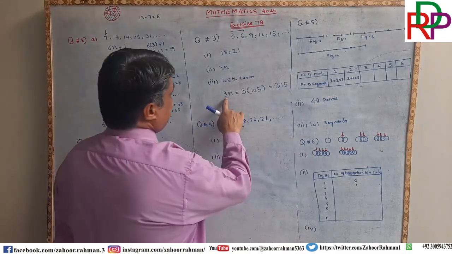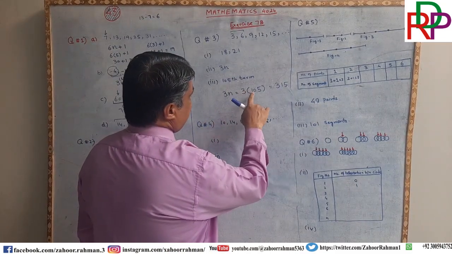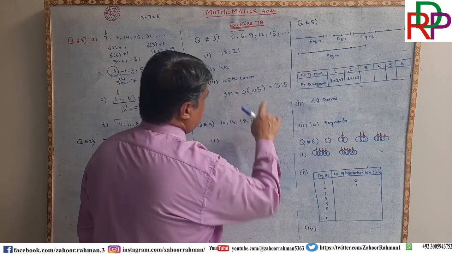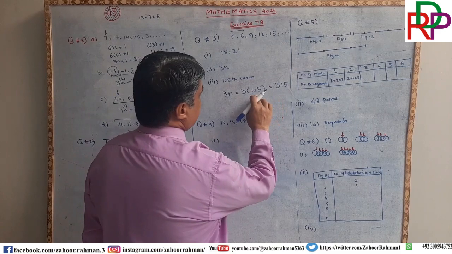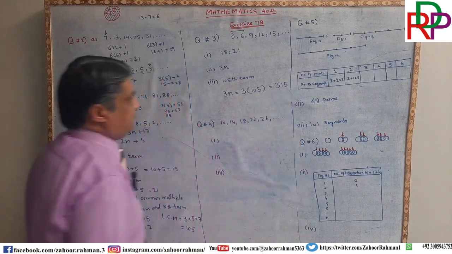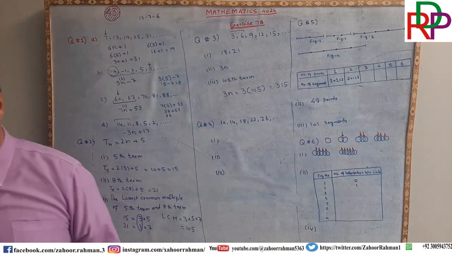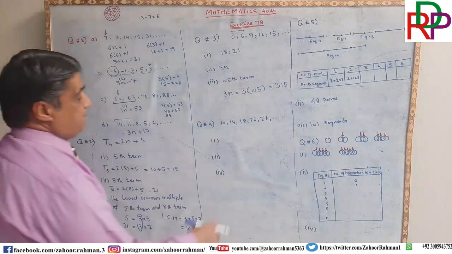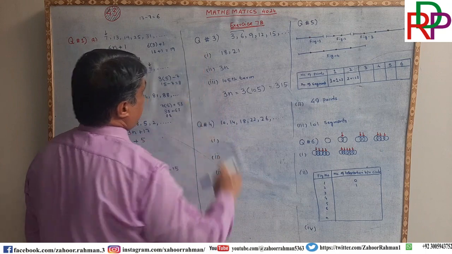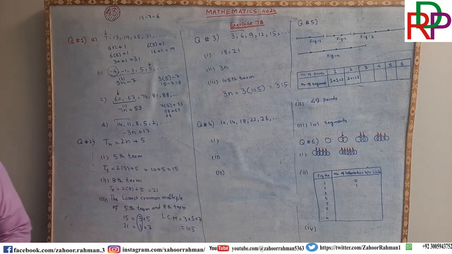Here it is 3n. So instead of n, we are putting this 105. And when we multiply this 105 with 3, it will give you 315.